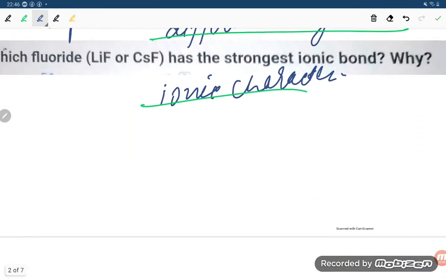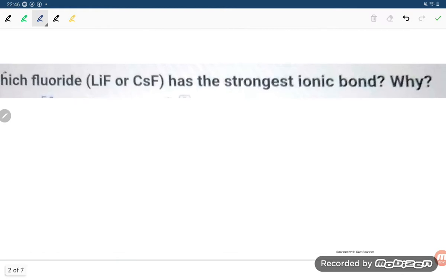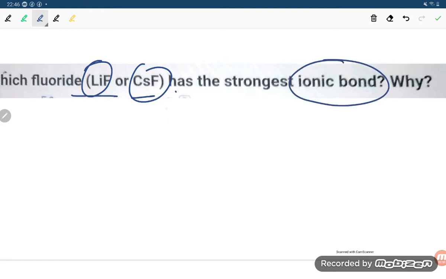Here is one problem: out of LiF and CsF, which has the strongest ionic bond? See, lithium and fluorine.